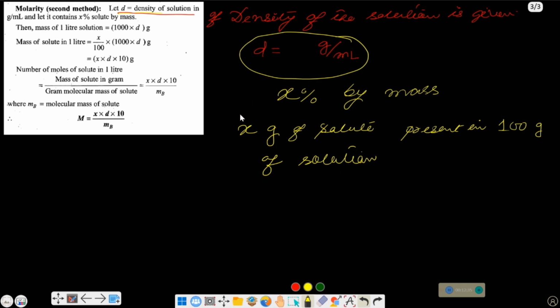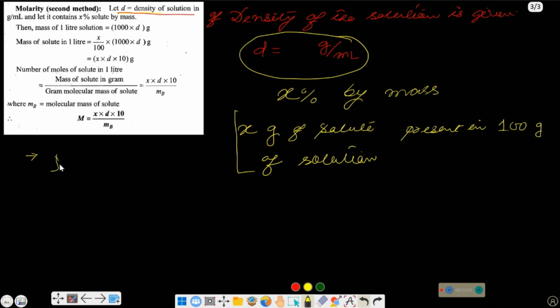So in 100 gram of solution, x gram of solute is present. Then from the density given, what will be the mass of the solution? Mass of 1 liter of solution.